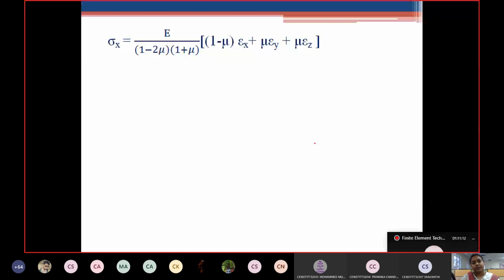Now, the output was normal stress in x direction expressed in terms of normal strains in all the three directions. The reason we reach this point is that our basic unknown, displacement, is derived first.